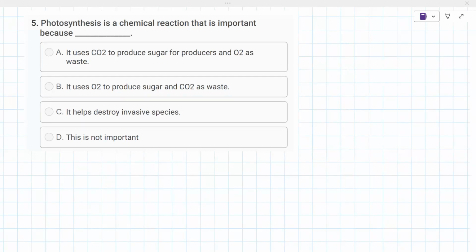Aiden, do you understand what I'm asking you to do here? Yeah, I'm just thinking. Okay. Photosynthesis is a chemical reaction that is important because... are there any answers that you can remove?